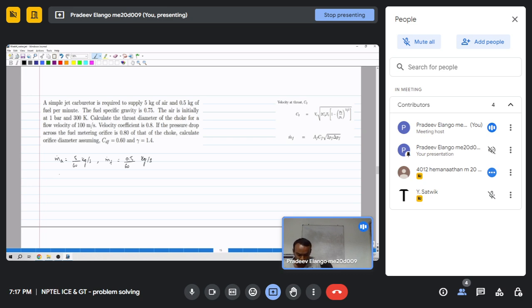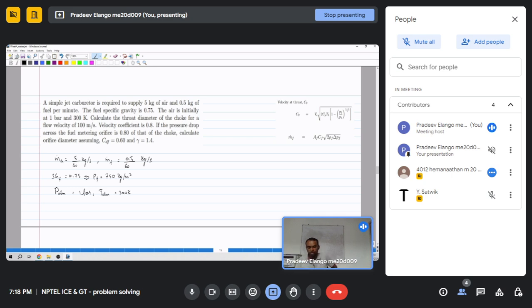The specific gravity of fuel is 0.75, which means rho f is 750 kilogram per meter cube. Air is initially at 1 bar and 300 Kelvin. So P atmosphere is 1 bar, T atmosphere is 300 Kelvin.